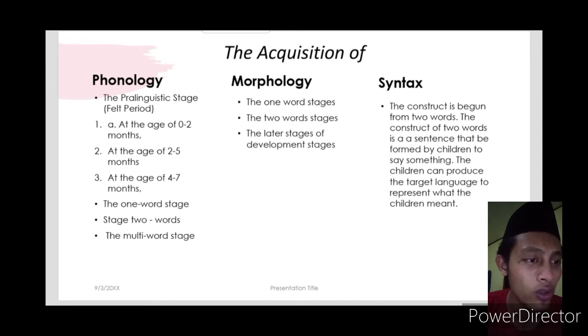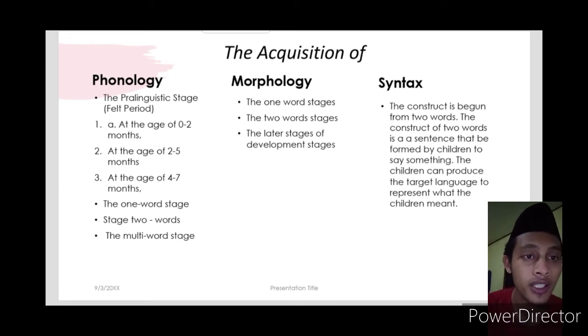This stage also is called holophrastic stage. It means the children just say a word, but they intend the meaning of it to be more than a single word. For example, when the child says milk, it indicates requesting to their mother that they want milk.